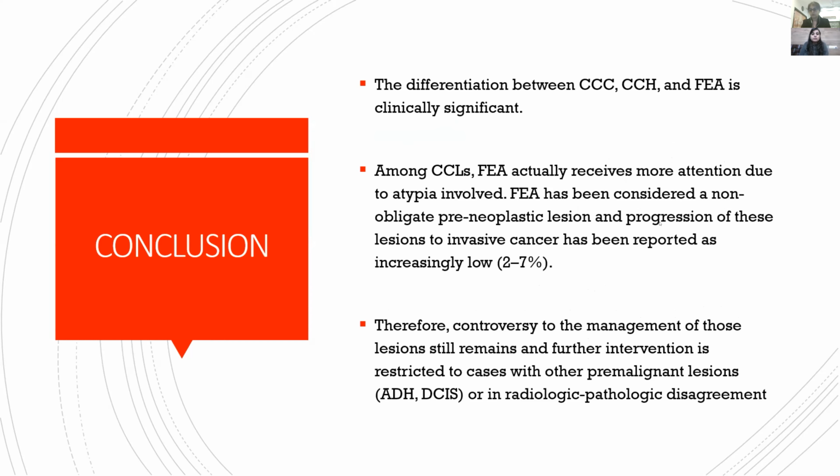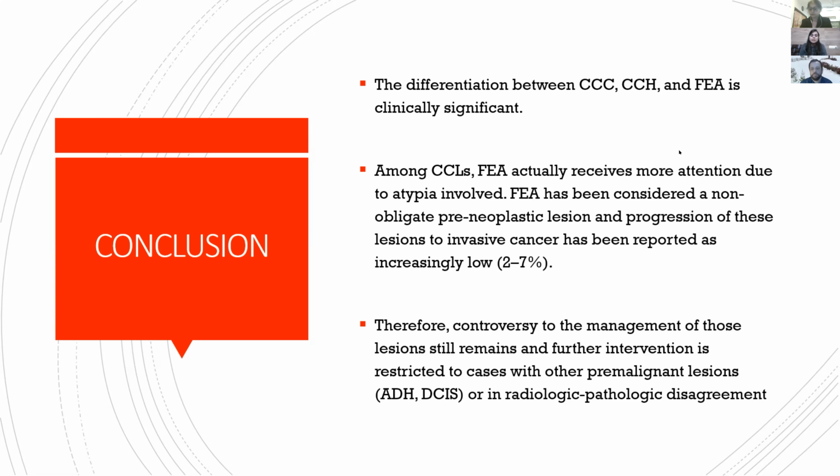So we need to differentiate between columnar cell change, columnar cell hyperplasia, and flat epithelial atypia. It is clinically significant to differentiate between the three. Among columnar cell lesions, flat epithelial atypia actually receives more attention due to the atypia involved. It has been considered a non-obligate pre-neoplastic lesion, and progression of these lesions to invasive cancer has been reported as low, right?